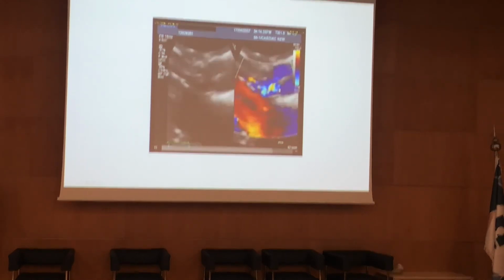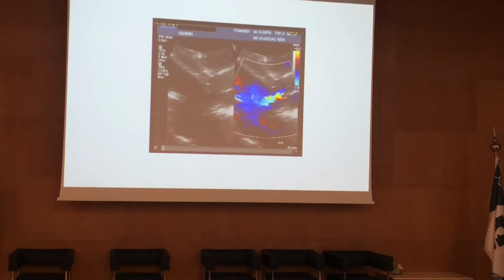So this color here should be all the same as this blue color, but you see this mosaic color here, this is abnormal. This one is okay, because you see the scale. Anything going up here is going to be red. Anything coming down is going to be blue. So if you have a mosaic color like this, this is turbulent flow.